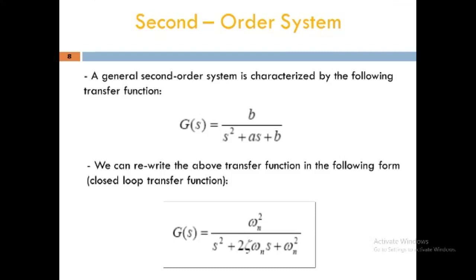Means here B can be written as omega n square, A can be written as 2 sigma omega n, and again B can be written as omega n square in the denominator. The function of S is considered as it is because we are going to convert from time domain to Laplace domain analysis.